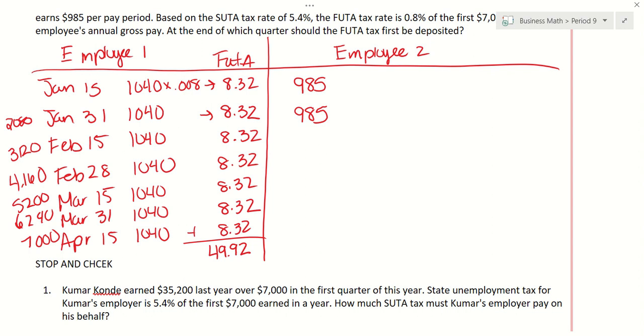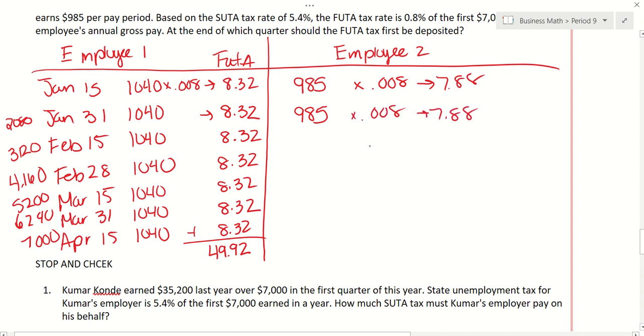So 985, and they have to pay the 0.008. Same idea. What is theirs? They're at 788. So we keep going. What is our running total though? So from here they paid 1,970. The next month, 788, they've paid 2,955.